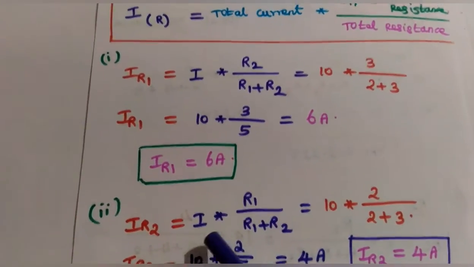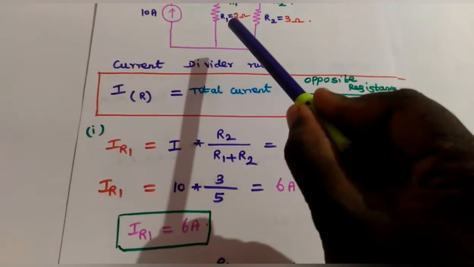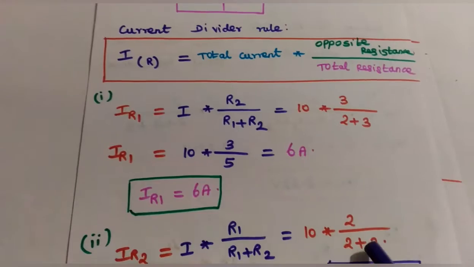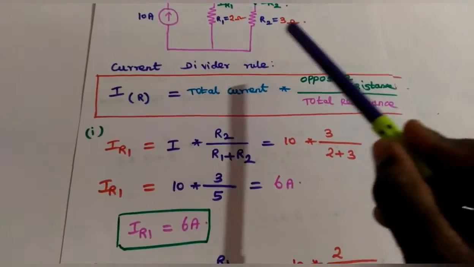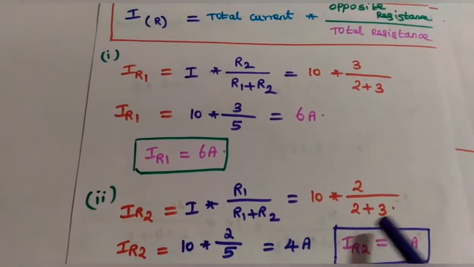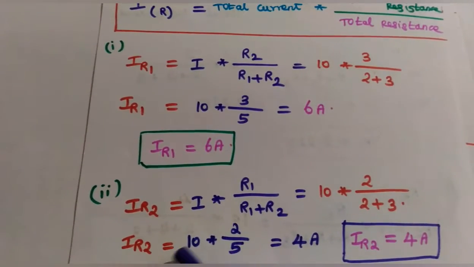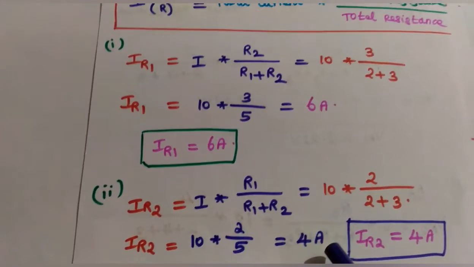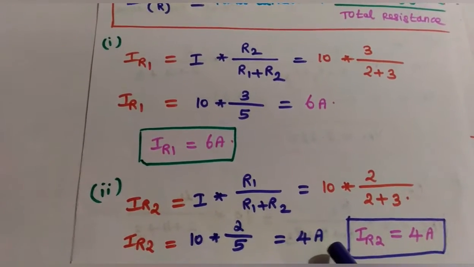So 10 into 2 ohms, the resistance opposite to R2, divided by the total resistance of this network, 2 plus 3, which is 5 ohms. So IR2 is 10 into 2 divided by 5. Finally the IR2 value is 4 amps.